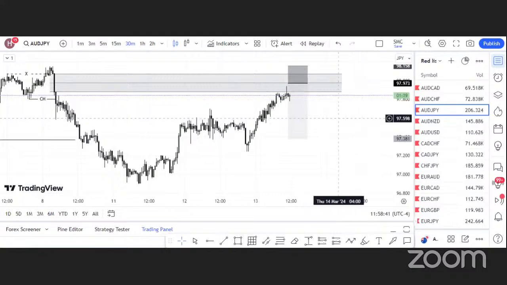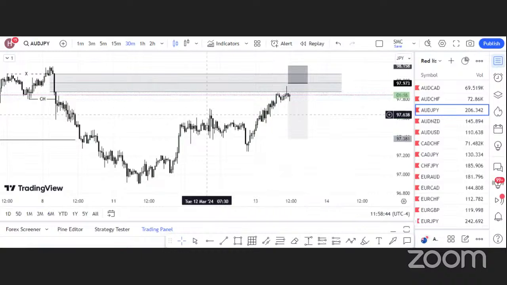We still have a minute and a few more seconds to the end of this current candle.